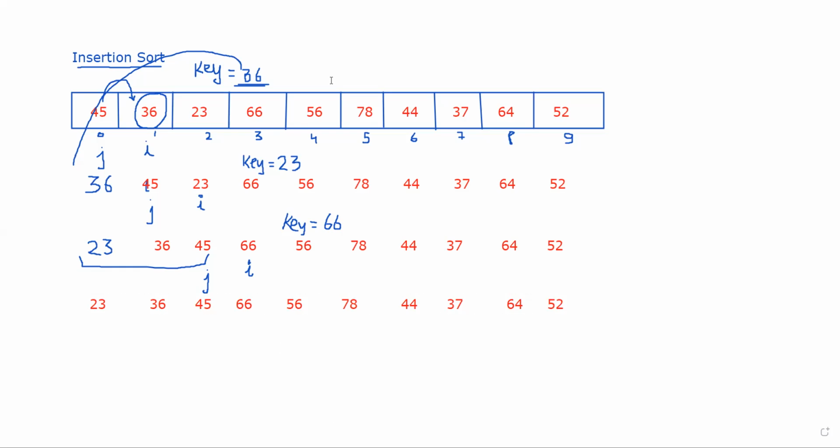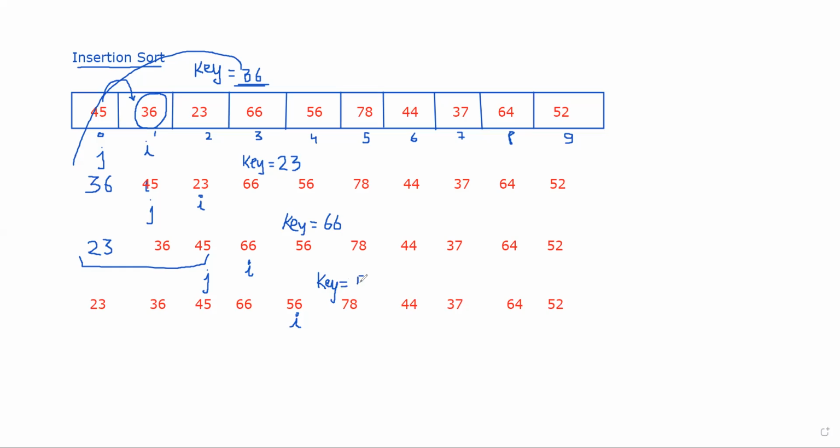But now for the next iteration, let me know where i will be next time. Yes, any one of you. Where will be i? 56. I will be at 56. What will be the key value? 56. The key value will be the same, again 56.